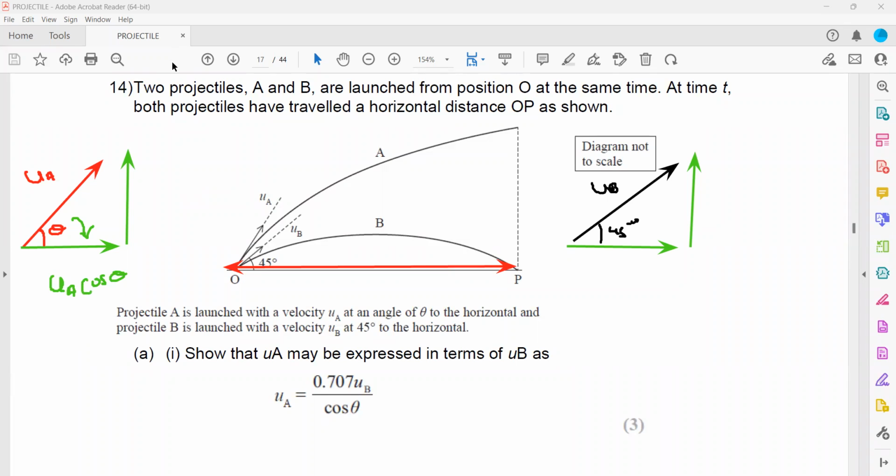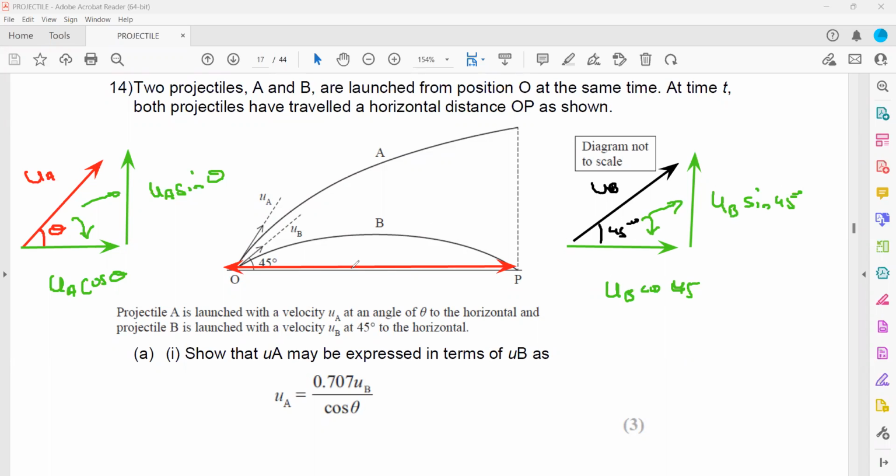The component which is against is UA sin theta. The same way, the component with the angle is UB cos 45, and the component against the angle is UB sin 45.